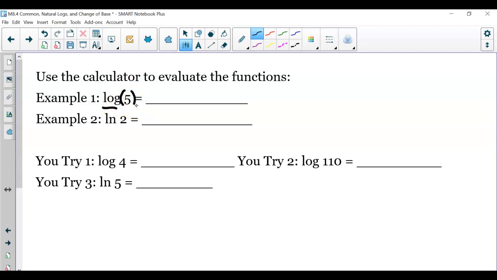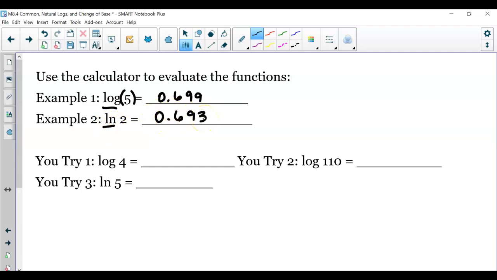Putting that in the calculator, you'll get 0.699, rounding to 3 places. Now find the ln button, which should be right underneath the log button. Once you find that ln for natural log, type in the natural log of 2, which is approximately 0.693.